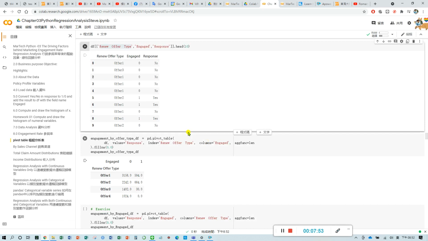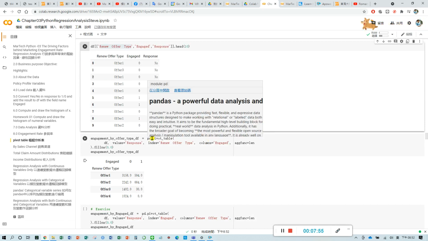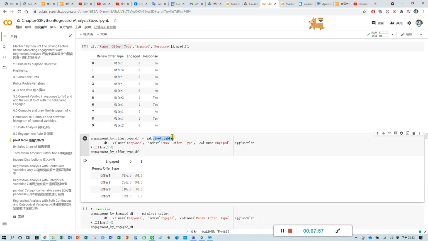Okay, with the pivot table function. So you have to memorize the process. The data set we are going to use is df.